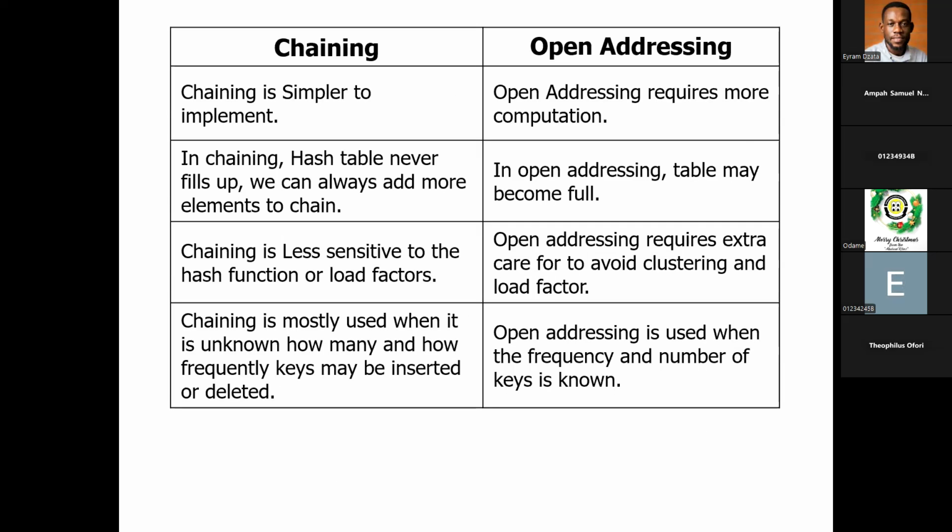So the difference between the two, like we've said: chaining is simpler to implement, while open addressing requires computation. With chaining, the hash table never fills up, while open addressing may become full depending on the probing or the type of hashing you are performing.